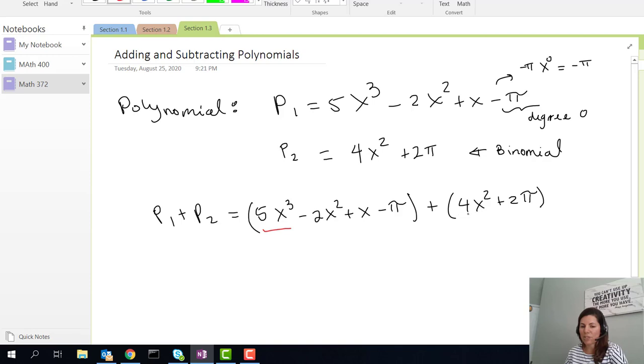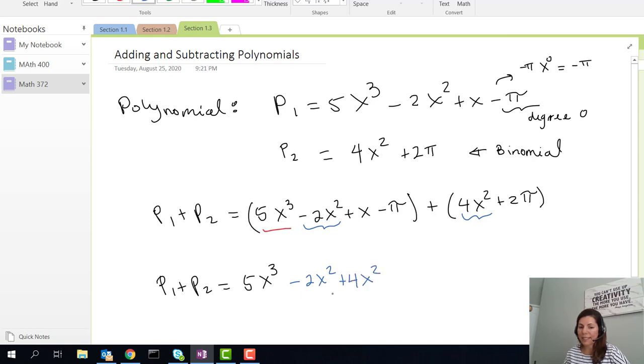And when I look at p2, I don't have any third degrees, so there's no other term to combine with x cubed, so it just remains 5x cubed. But when I move on to the second degree, I have negative 2x squared, so you have to take the sign with you. Negative 2x squared, and I have a 4x squared here. So I can combine these, so minus 2x squared plus 4x squared.